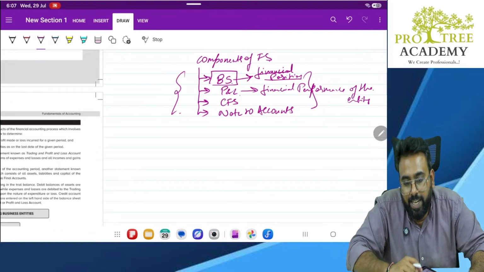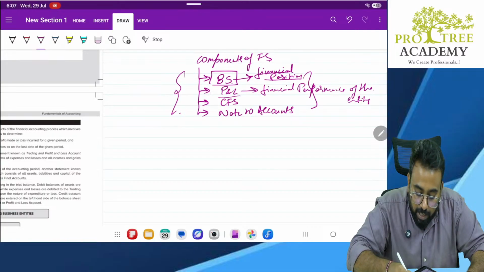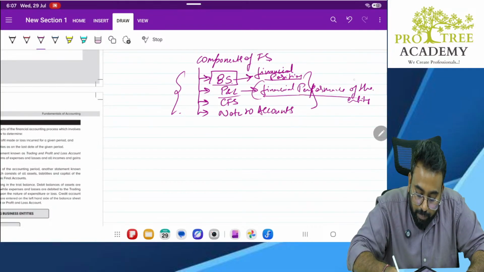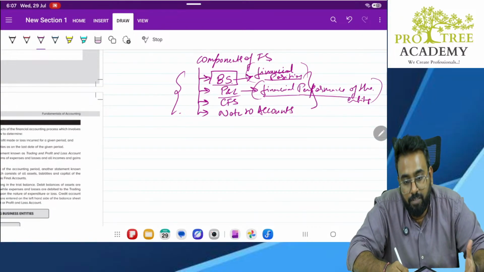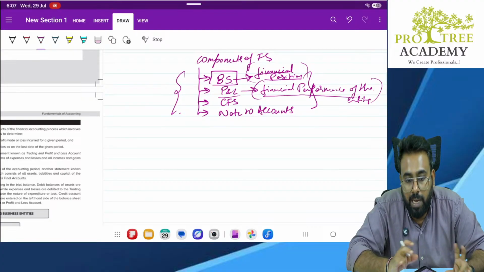We will understand the true meaning behind these words. Why financial position? Why financial performance? Why do we correlate these things with our balance sheet and P&L?